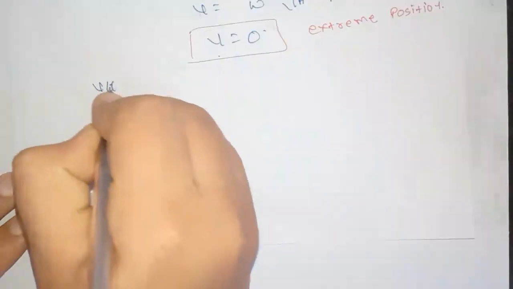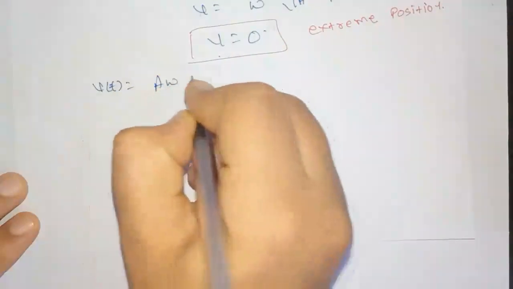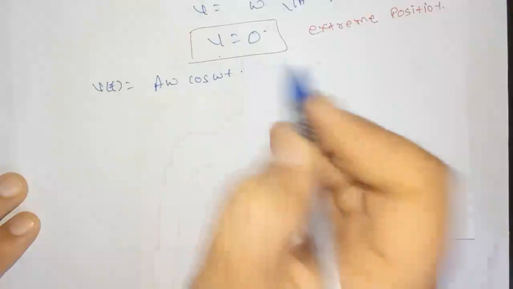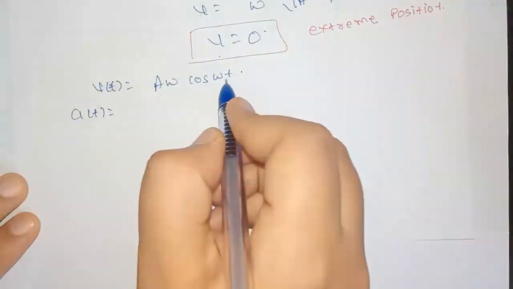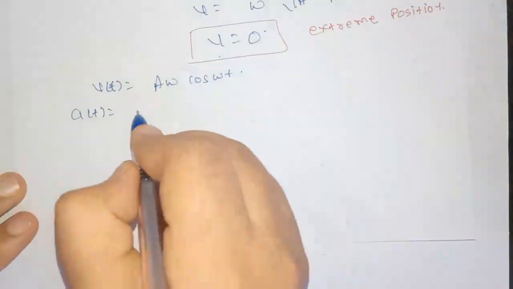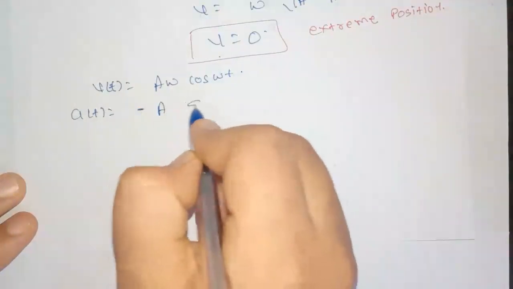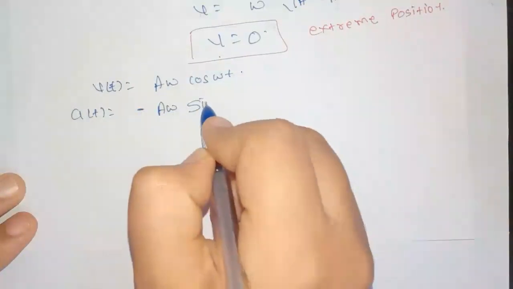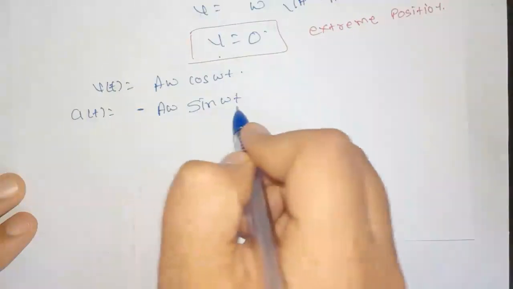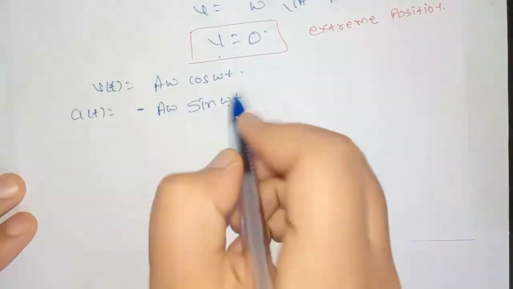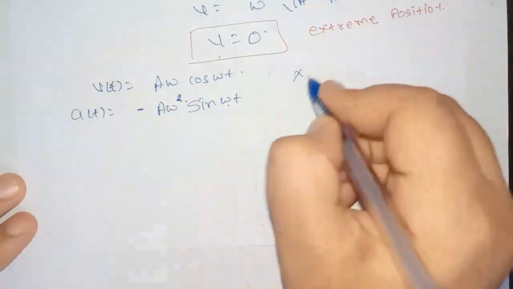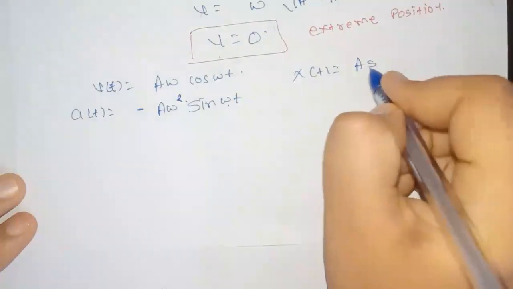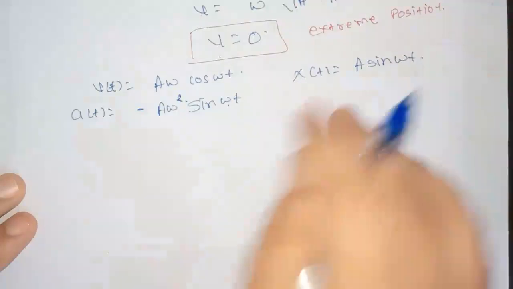V of t is given by a omega cos omega t. So acceleration will be, differentiating this with respect to time, that will be minus a omega sine omega t, differentiating again omega t with respect to time will give us a omega square. But x of t is equals to a sine omega t.